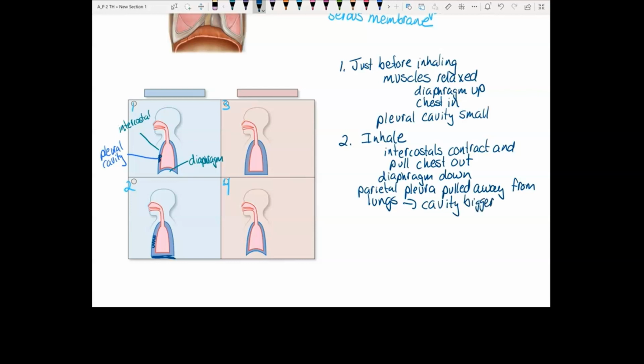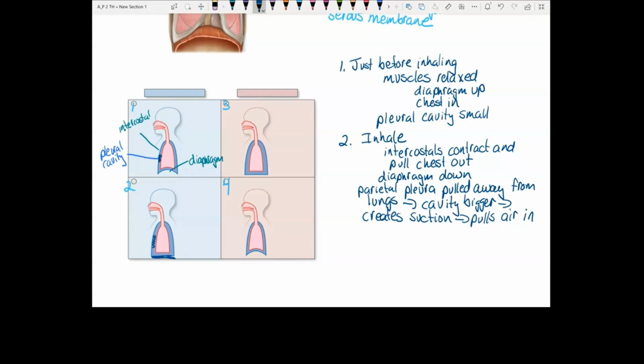Now this cavity is an enclosed space, and if you make an enclosed space bigger, you create suction. And that suction pulls air in. Okay, and remember also in chapter 20 and in 21, we were talking about blood in the veins and lymph. This suction is also what's helping to pull blood back to your heart and pull lymph up to your shoulders.